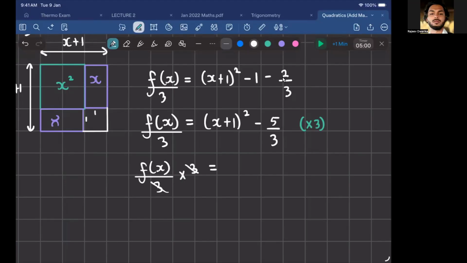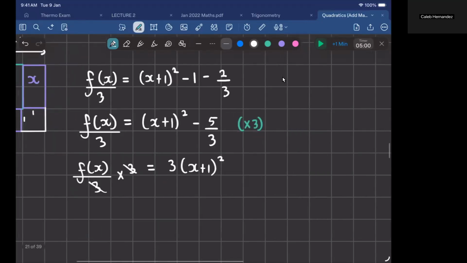And remember, if you're doing something on one side, you need to do it everywhere. So what is x plus 1 squared times 3? How would I write that? 3 times x plus 1 squared. All right, and now what is minus 5 over 3 times 3? Minus 5.